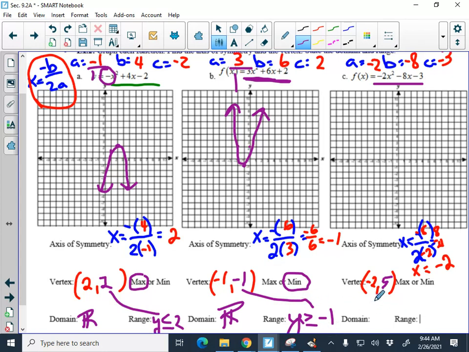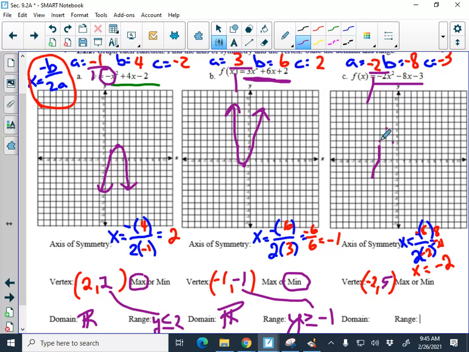All right. -2, 5. We go down 2 and 1 to the left and 1 to the right. Whoop.